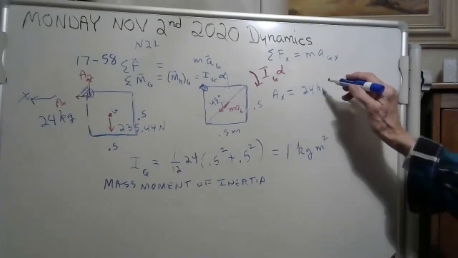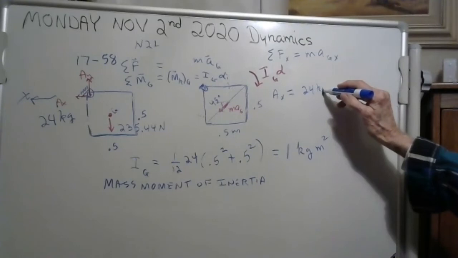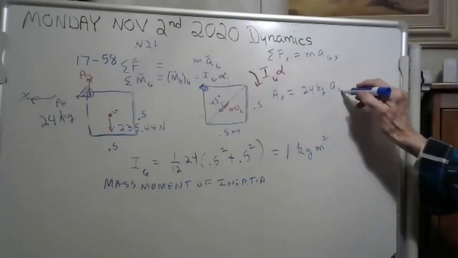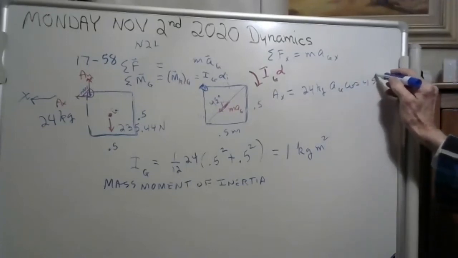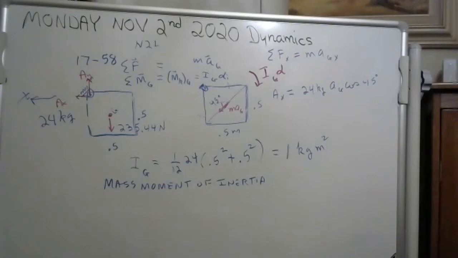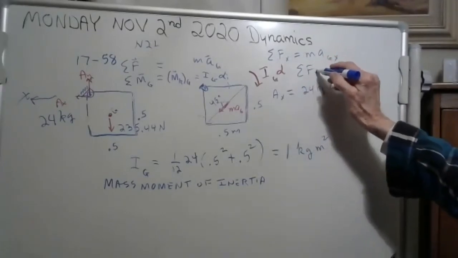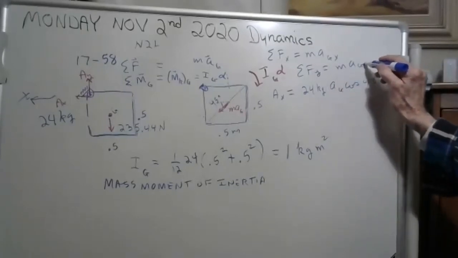So you know what that is: 24 kilograms times a_G cosine of 45. So we have a nice equation in the x direction. Now let's do the y direction. The sum of the forces in the y direction will equal m a_G in the y direction.